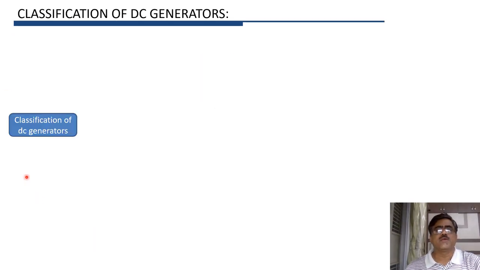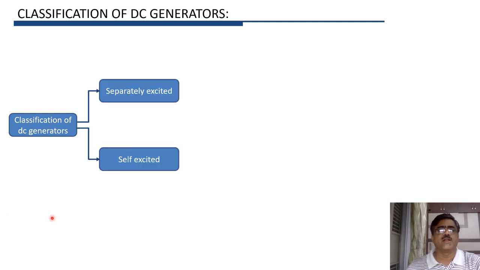Let us now see the classification of DC generators. So as seen earlier, DC generators are mainly classified according to the way in which their field is excited. So there are mainly two types of DC generators: separately excited DC generators and self-excited DC generators.